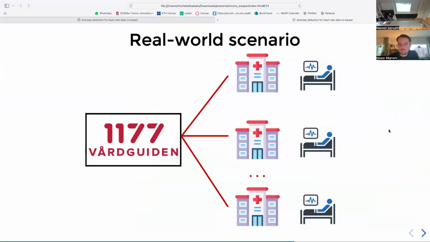So a real-world scenario we came up with for this approach is we have a centralized healthcare management system like 1177 in Sweden. So imagine you have the nation's patient records of 10 years. So it's too big to fit in a single node at 1177.